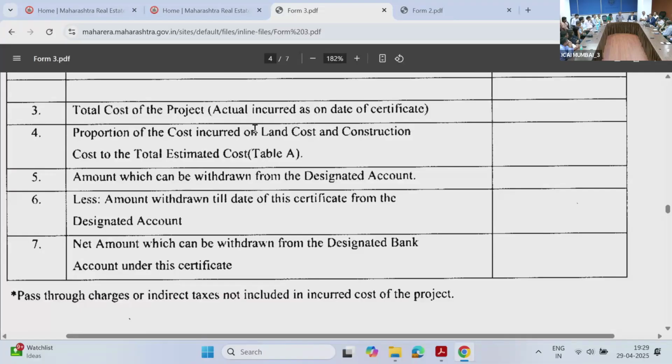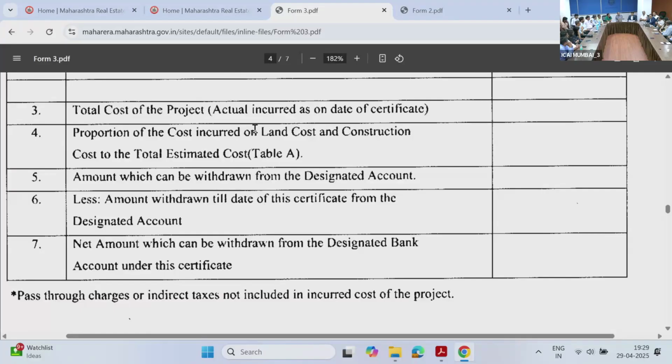So wherever possible, you can restrict by putting a note that it is payable. If the amount is very huge, you will have to take it project-wise, client-wise. If the project is very huge, you will have to take your own consigns and put a note that it is payable. I'm not allowing it for withdrawal. You can make a point over there, put an extra row, and reduce the amount which is incurred.